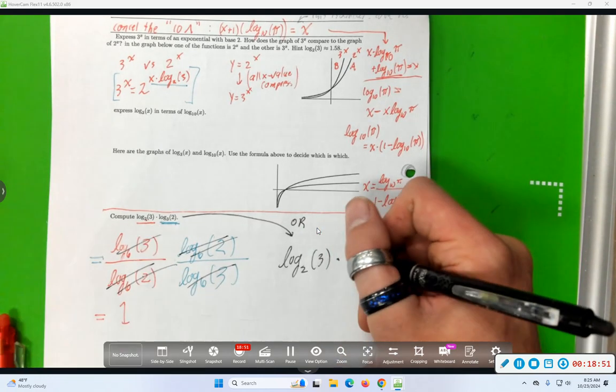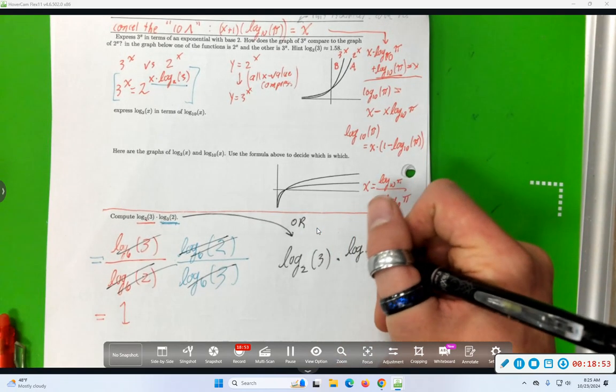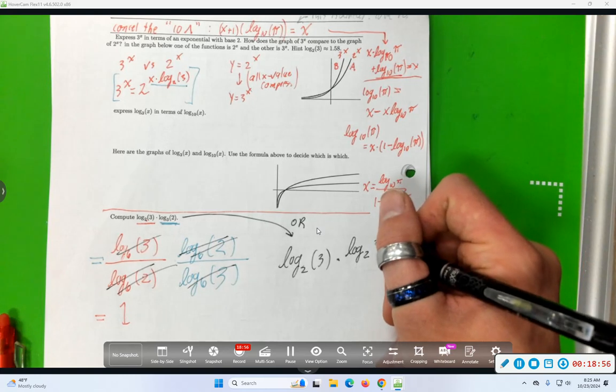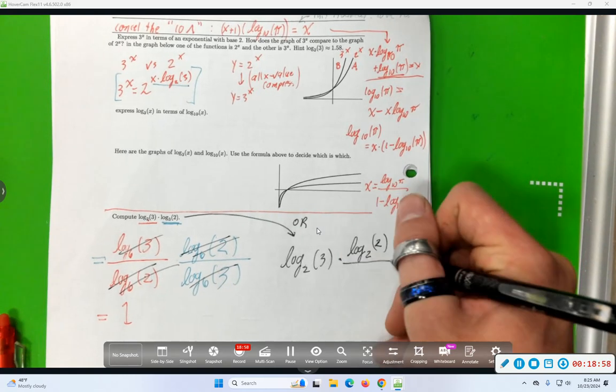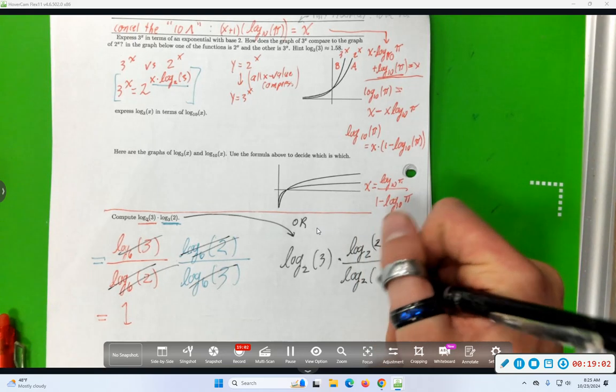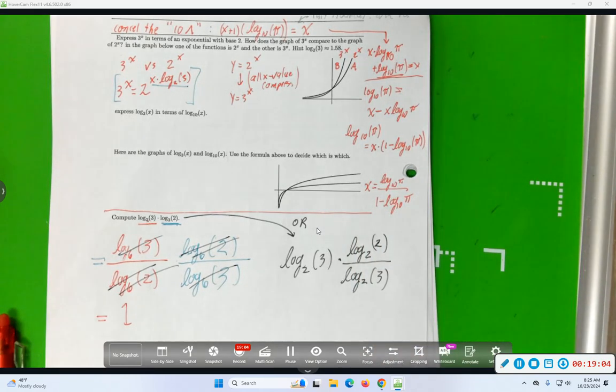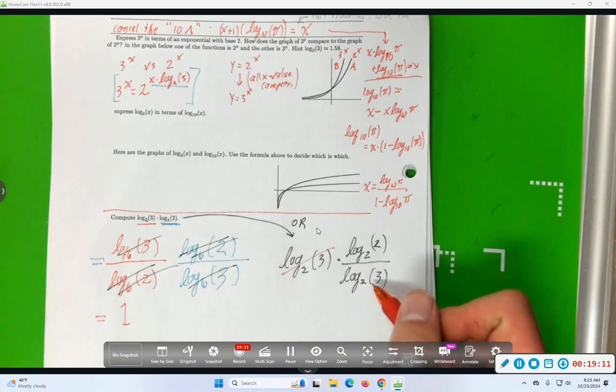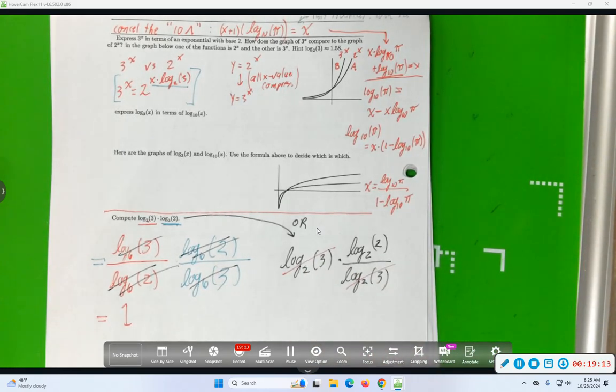This one will change to base 2, so it'll be log base 2 of 2 divided by log base 2 of 3. All right, see anything that simplifies? I see those cancel, leaving me with log base 2 of 2, also known as 1. Very nice. Feel pretty good about this?